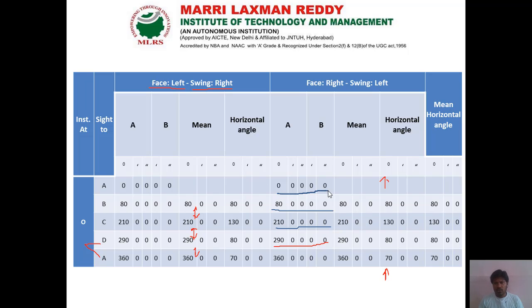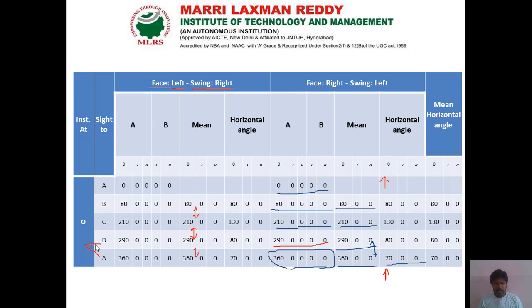Now the mean angle I have to calculate from the last reading onwards, so 360 degree. By taking the average of vernier A and B, I get the mean angle readings. After that I need the horizontal angle between the consecutive points. For the first, AOD: 360 degree minus 290 degree, so the angle becomes 70 degree.